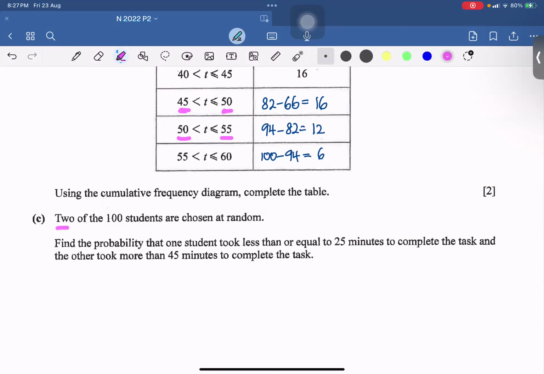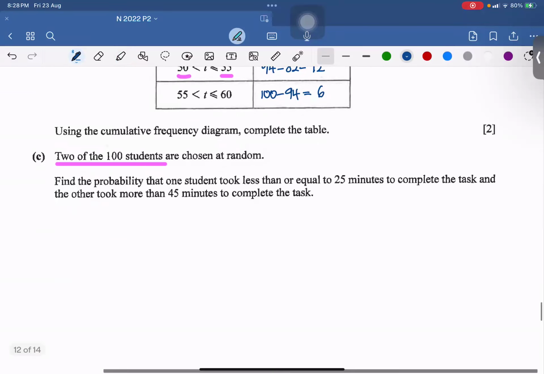Two of the 100 students are being chosen. When you say there are two members, the first thing we need to think through is this: on my first choice, when I choose the first person, there is a total of 100 students to choose from. After I take out one and then choose my second student, what happens to my denominator?